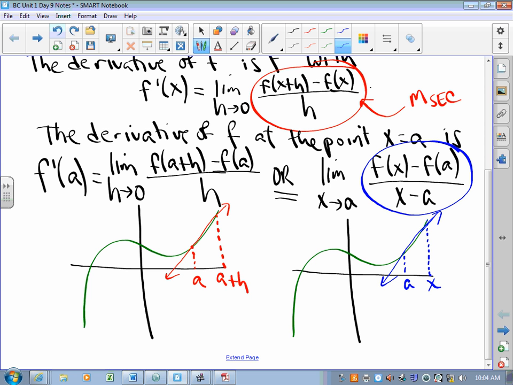So the fraction is the slope of a secant line, and we take the limit as x approaches a. That squeezes x and a together, turns a secant into a tangent.